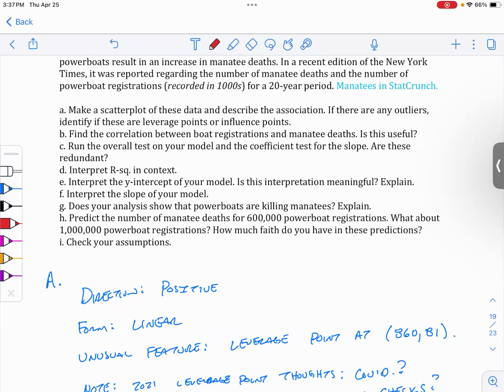Now, it might not be the powerboats in general. Everyone gets out there and throws trash in the water, the oil pollutes the water. There are underlying factors that are actually causing the manatee deaths. It's not the powerboats killing them. The powerboat is a byproduct of humans, really. And so it's very, very tempting to say that, but no.